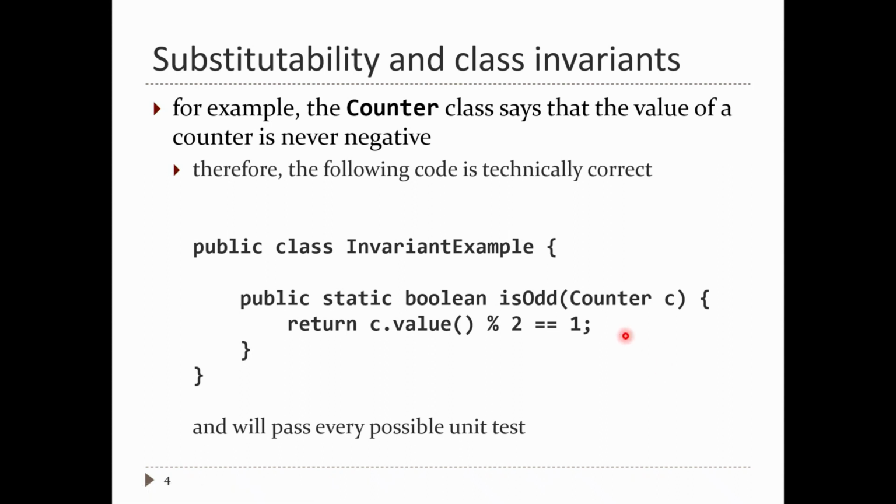So the method that was technically correct, at least according to the contracts of the Counter class, now fails when you pass it a descending counter object. Code that was technically correct now produces the wrong result. It's not, strictly speaking, the fault of whoever wrote is_odd.